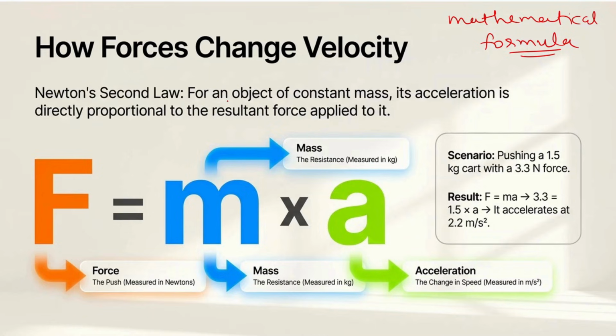So what is it? For an object of constant mass, we deal with constant mass in classical mechanics. But if you enter quantum physics or quantum mechanics, mass should not be constant everywhere. Here we can take it as constant. Its acceleration is directly proportional to the resultant force applied to it.